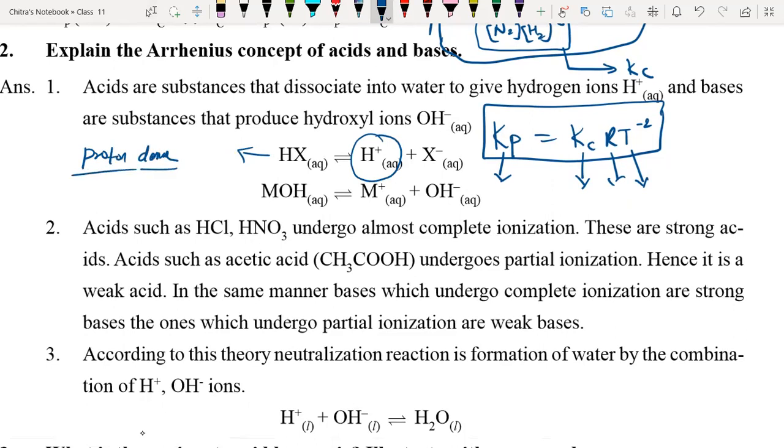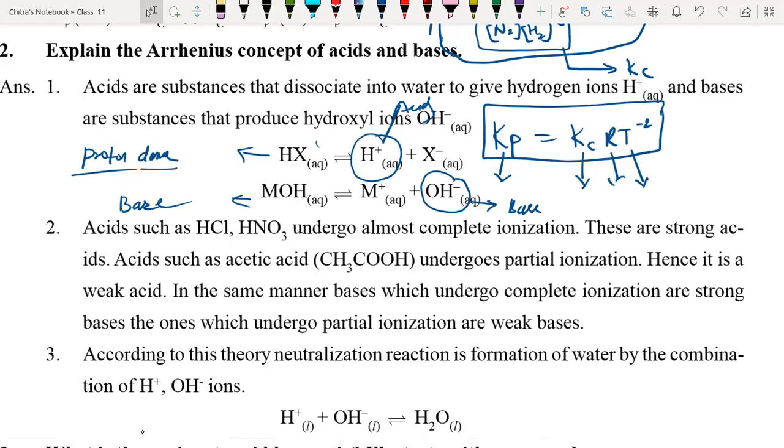Yes, sir. And any substance that dissolves in water and releases OH negative ion is called a base. So those substances that release H positive ion are called acid, and those that release OH negative ion are called base.